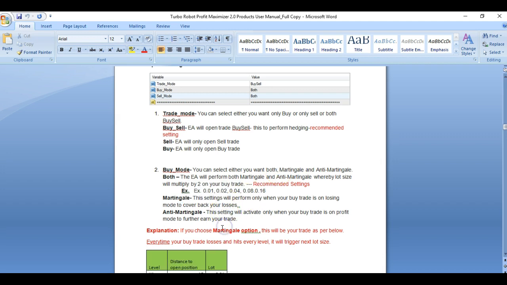Alright, so for anti-martingale, let's say you are selecting your buy trade and it is profitable, so the buy trade will double up your lot size to secure your profit. Alright, so this is mainly one-sided. This is the main good thing about this EA, because the moment you make a profit, it will secure that profit for you, and then it will continue to open trades on that particular one-sided trading.